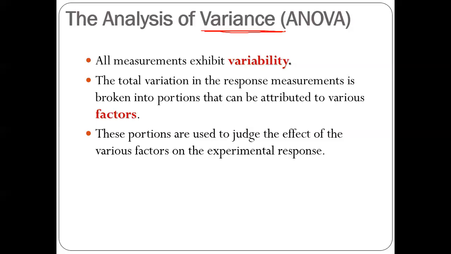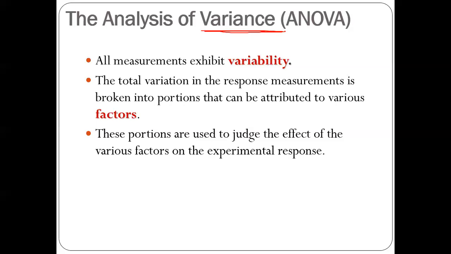Usually the analyst or the researcher will use the ANOVA test in order to determine the influence that independent variables have on the dependent variable. So usually we conduct the analysis of variance because we want to test the influence of the independent variables towards the dependent variable.